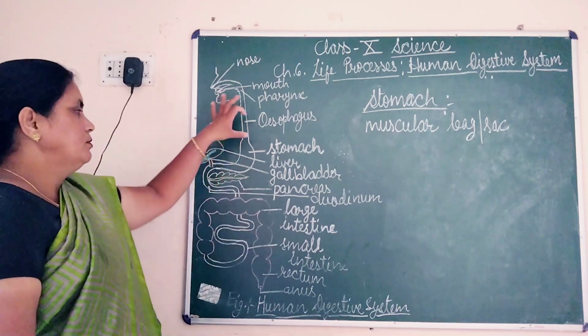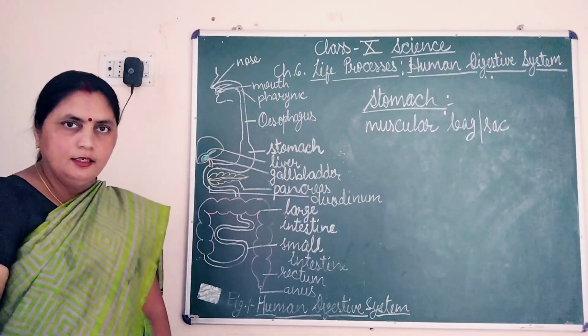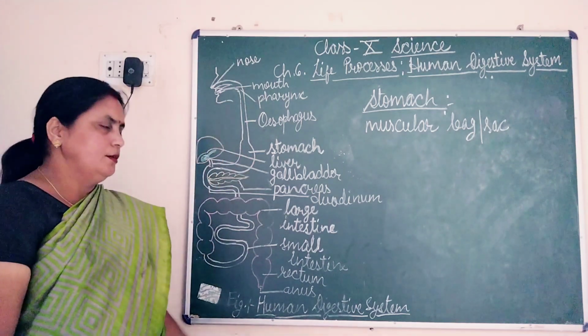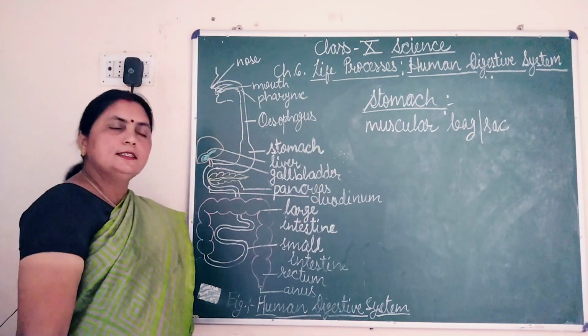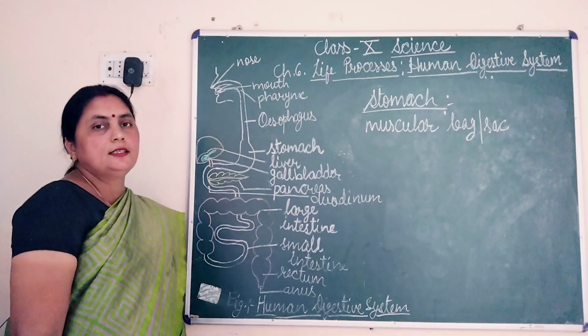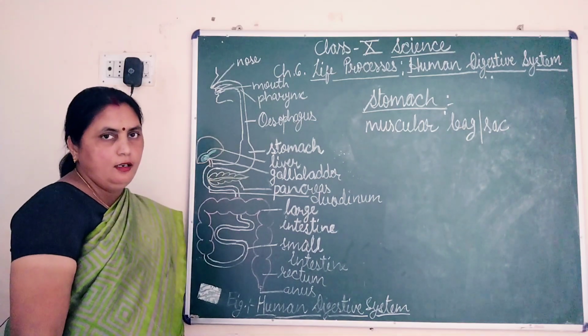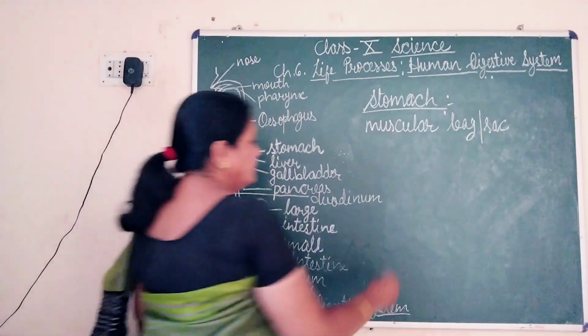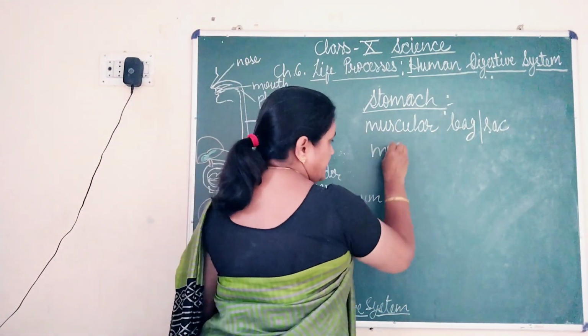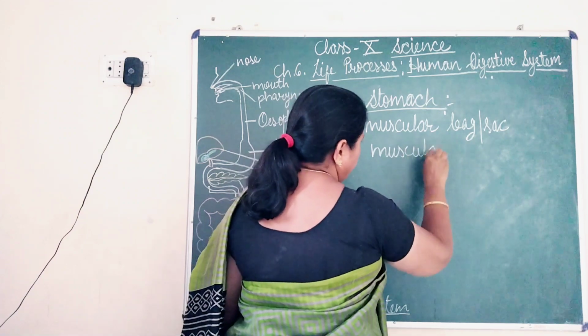So children, now the food enters the stomach. Stomach is a muscular bag or sac, that is, it has many muscles in its wall. Got it? Now one more thing. It has muscular walls that I have already told you.